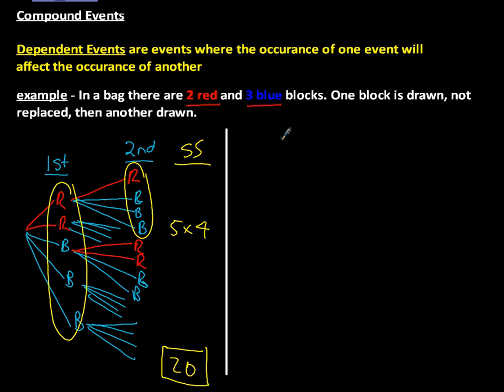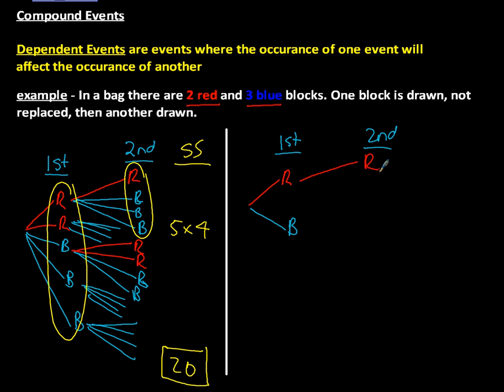All right, so let's have a look. First draw, second draw. All right, we're going to do a branch just for the different outcomes. So I'm going to have a branch for my red and a branch for my blue. If I draw red first, do I still have some reds and blues left to draw from? Yeah, even though I've got less reds, I still have reds and blues.